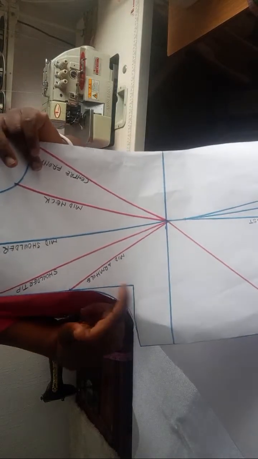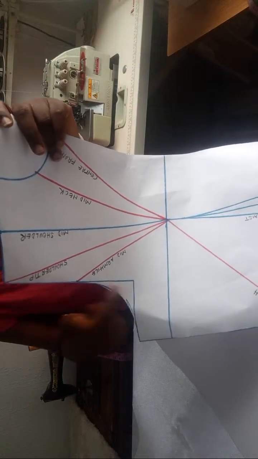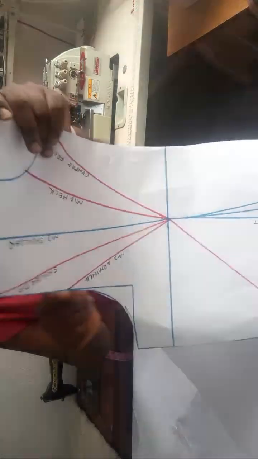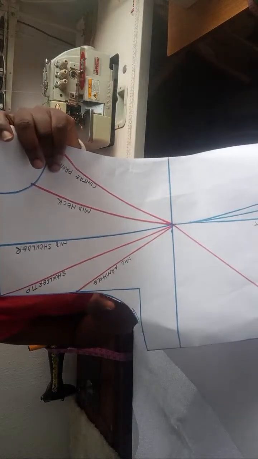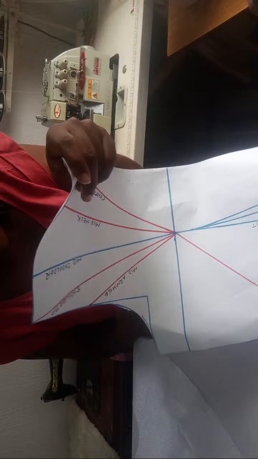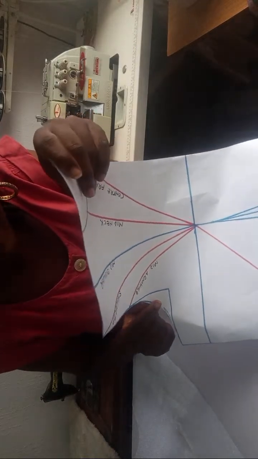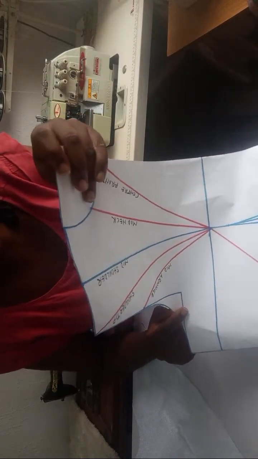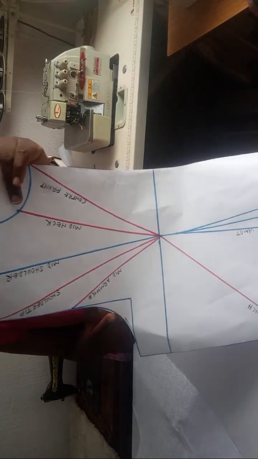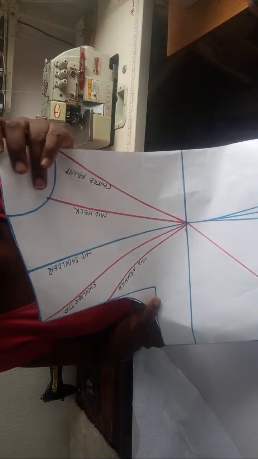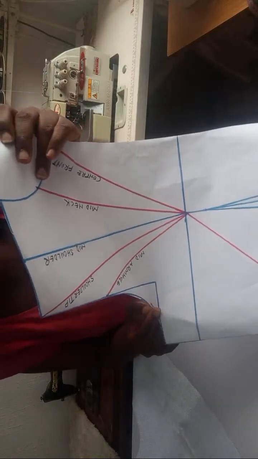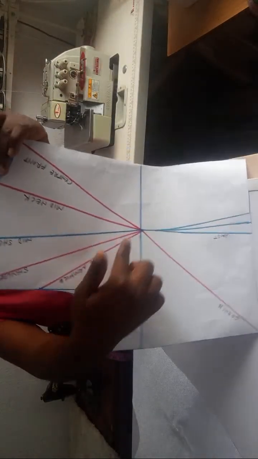Whatever you have left on the length of the armhole, you measure it and you connect it this way. You connect the dart to the bust.